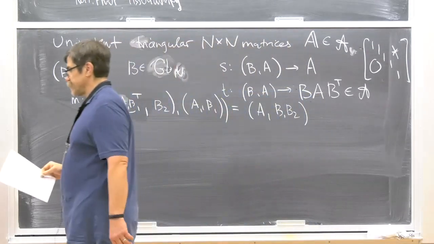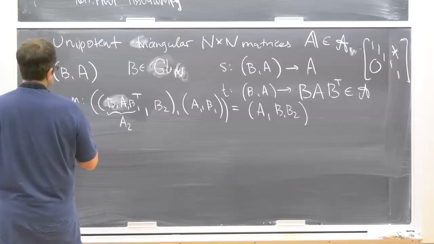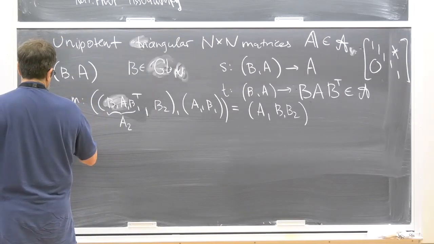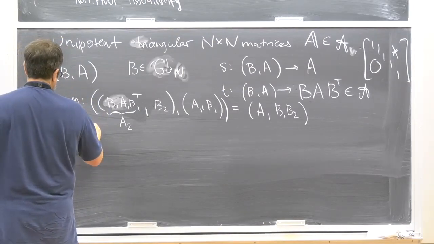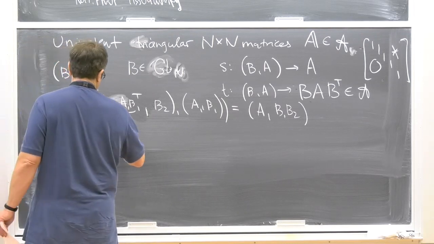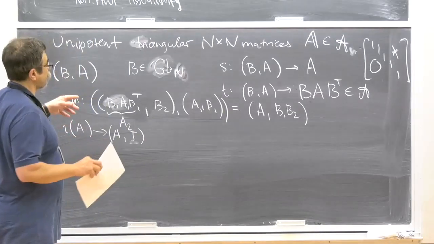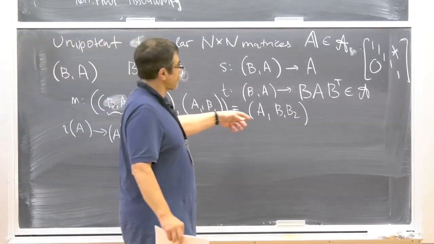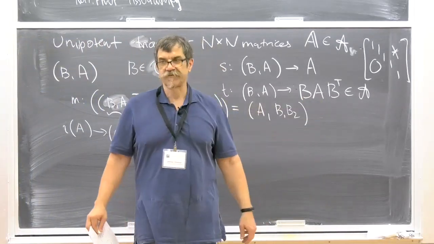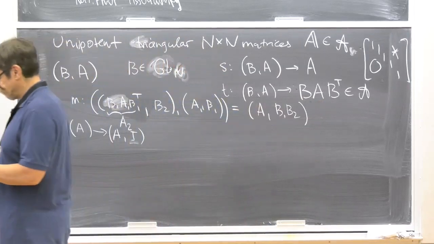Identity is easy. Identity is just that we map A to A, I. So of course, this equation can always be solved with the identity matrix for B.